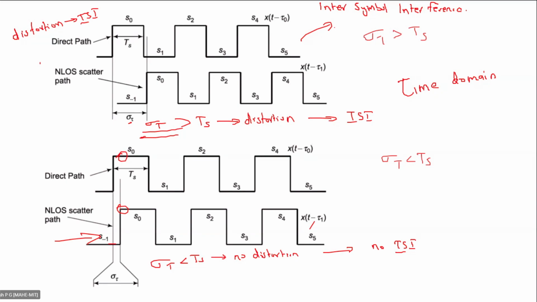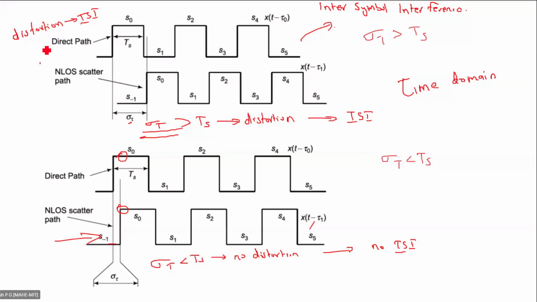Okay, so what are the ill effects here? Why are we looking at distortion, etc.? Why are we looking at average delay spread? So the idea is that let us consider a direct path.